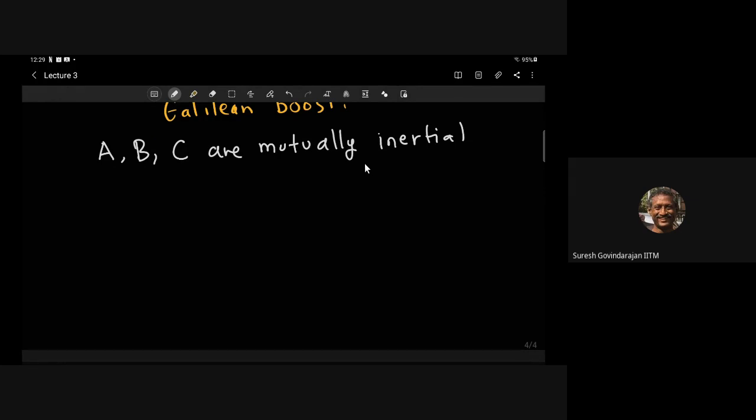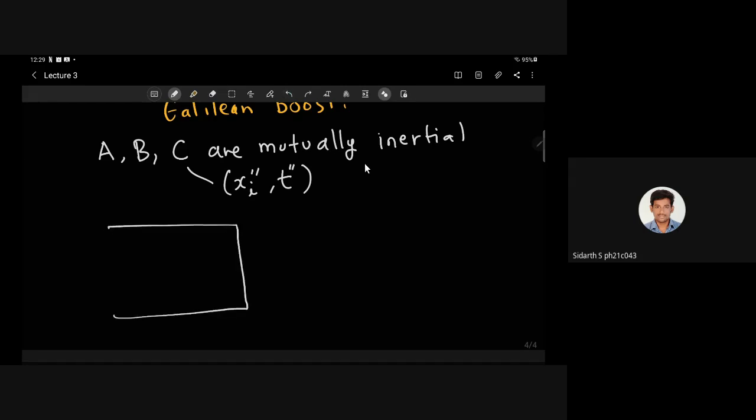We already have coordinates for A and B, so I just need to write coordinates for this guy. I'll just put double prime. Does that mean there can still be a force which is common to all three, making them non-inertial? No. In particular, if A and B say there are no forces acting on a particle, C will also say the same thing.